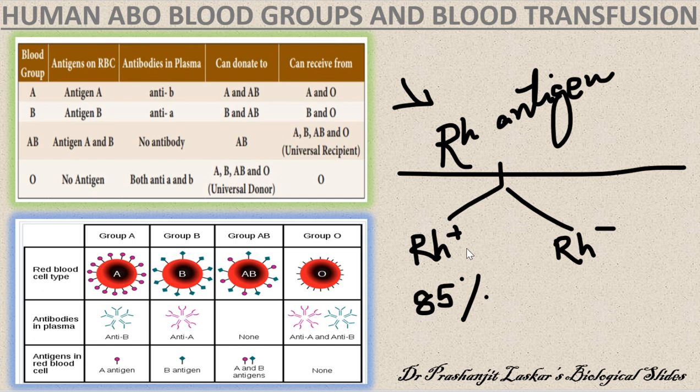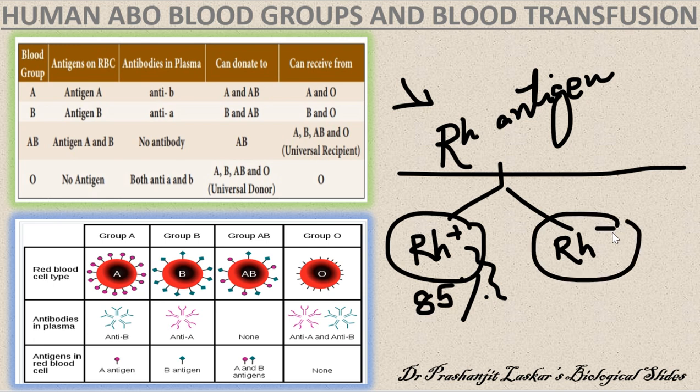Rh positive persons have Rh antigen, while Rh negative persons do not have Rh antigen. Rh negative persons do not have natural antibodies against Rh antigen.